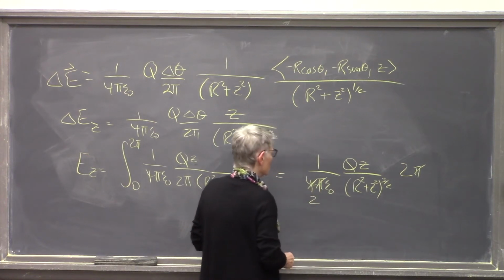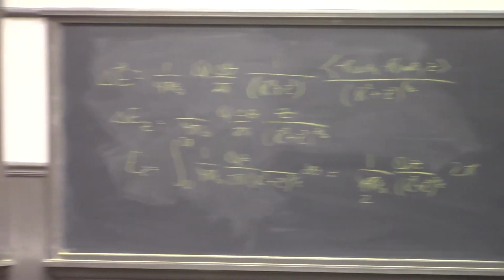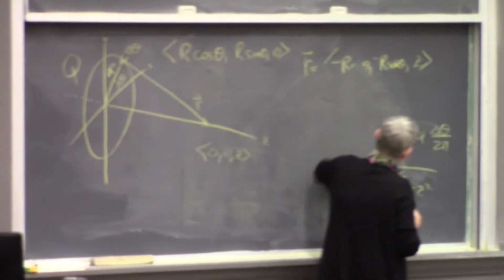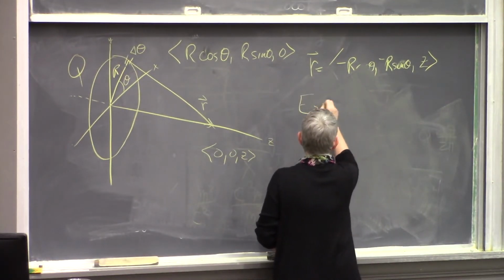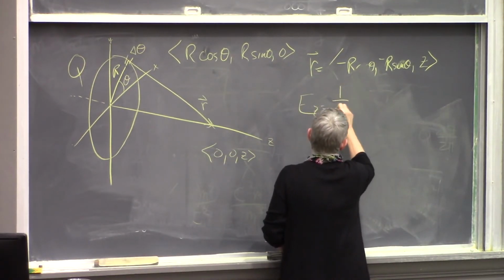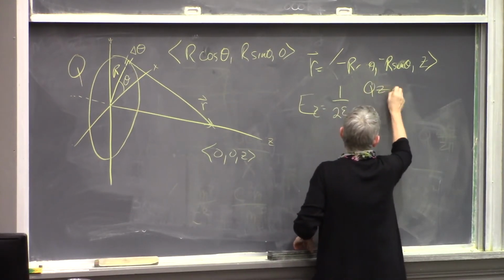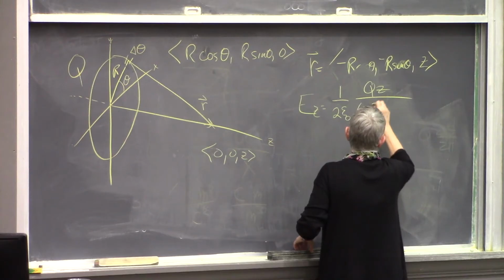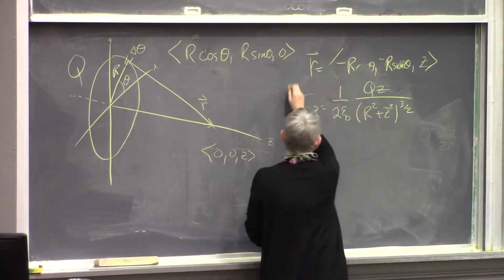We get a 2. And so we now have an exact expression for the field on this axis: E sub z is 1 over 2 epsilon 0 qz over r squared to the 3 halves.